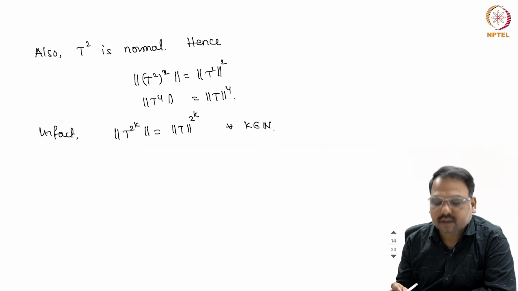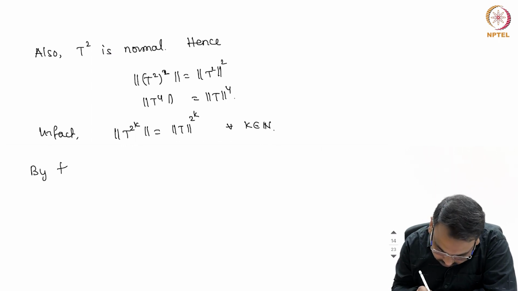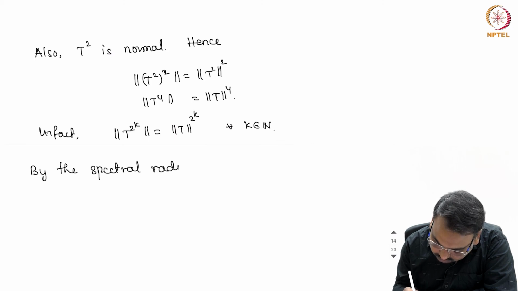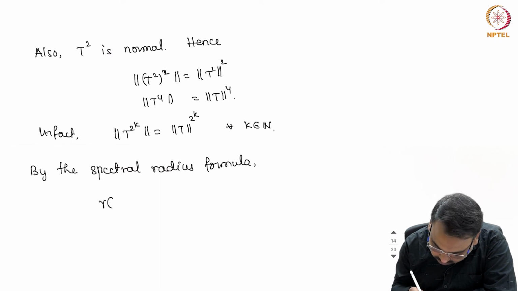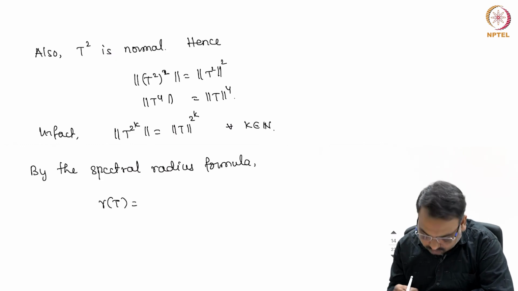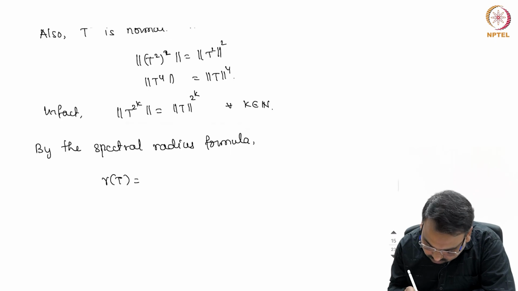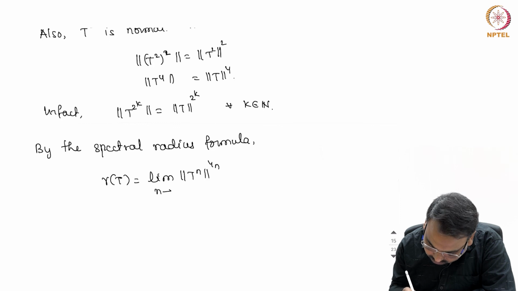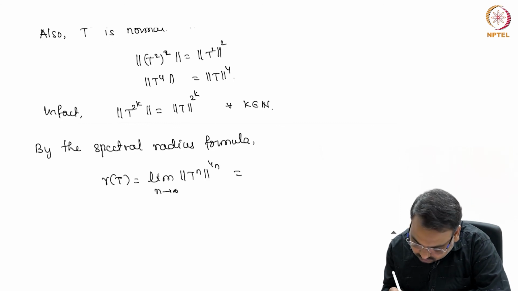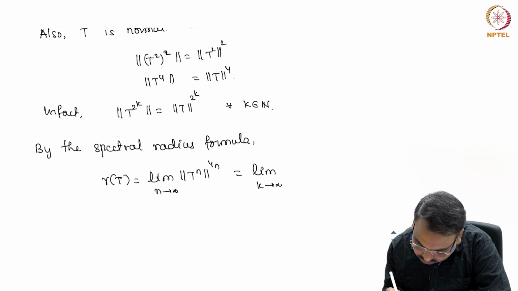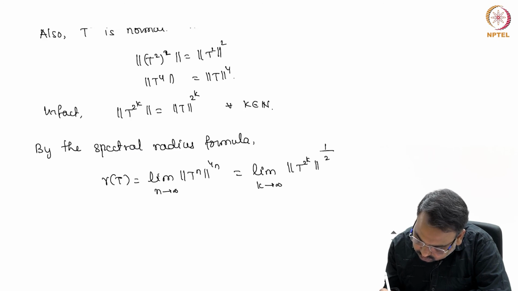Now by the spectral radius formula, the spectral radius of T is nothing but the limit of norm T^n whole power 1 by n, but we can say that it equals the limit as k tends to infinity of norm T^(2^k) to the power 1 by 2^k.